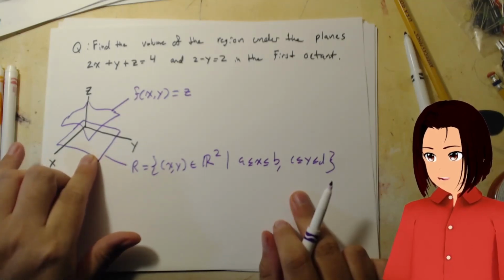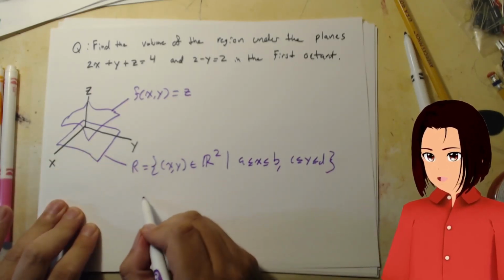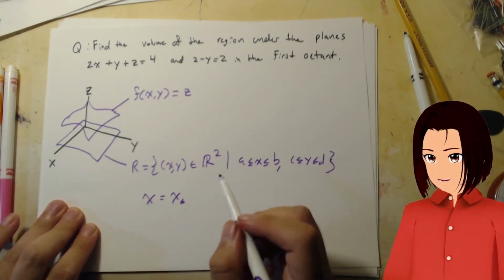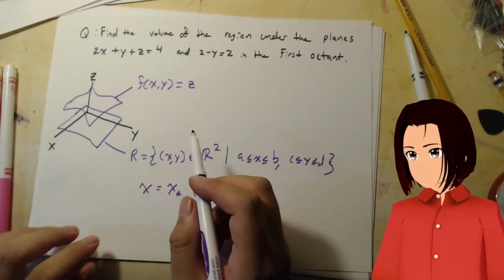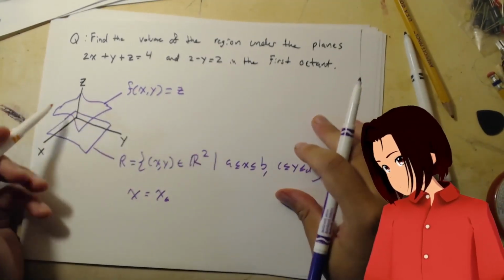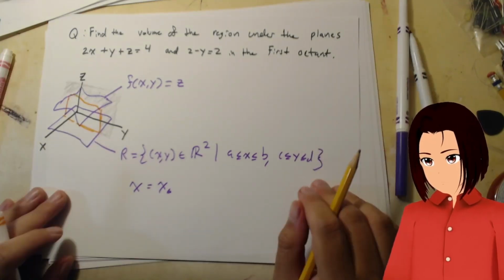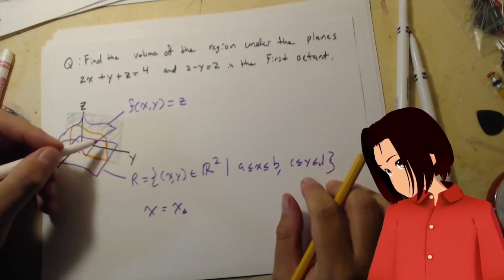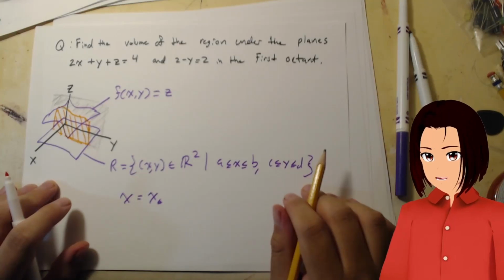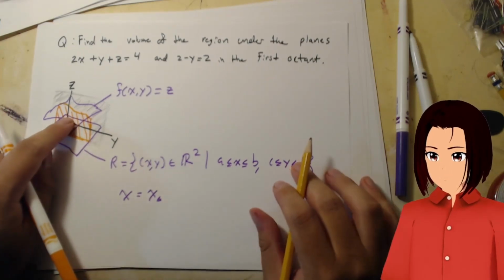One of the things we have to know is that if we think of some plane, say x is equal to some x naught, this orange part right here is a cross-sectional area, and we'll define it as this.